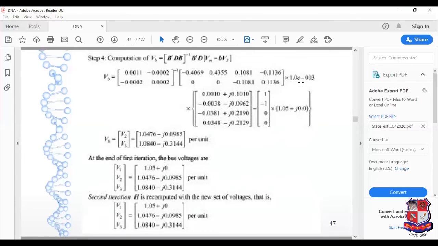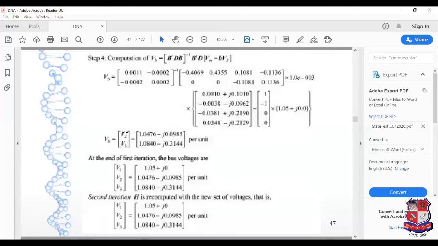BD, Vm minus Vc will be determined by this. Now BD into B into Vs. What is B into Vs? This is my small b, and Vs is nothing but the slack bus voltage. As we have previously discussed, the slack bus voltage is 1.05 at the angle of 0. Hence, this is small b and this is my slack bus voltage.